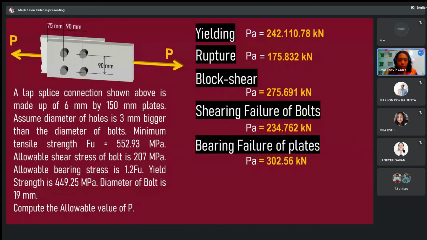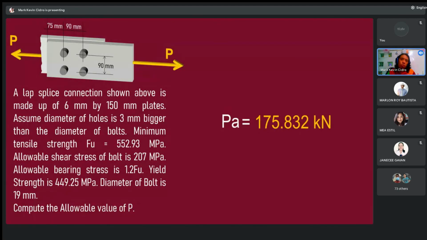Rupture: the result is 175.8. So it is vulnerable to rupture, right? So the limiting value of force, the allowable value of T, should not be exceeded.